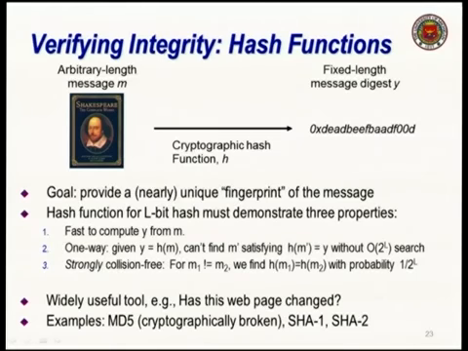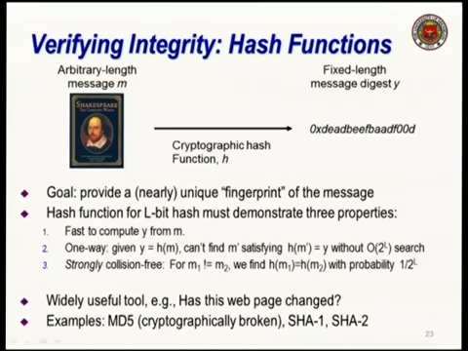So a hash function is a function which takes a piece of information, like Shakespeare's complete works here, and crunches it down to a single fixed length value. In this case, 128 bits. And that value is correlated with this input.